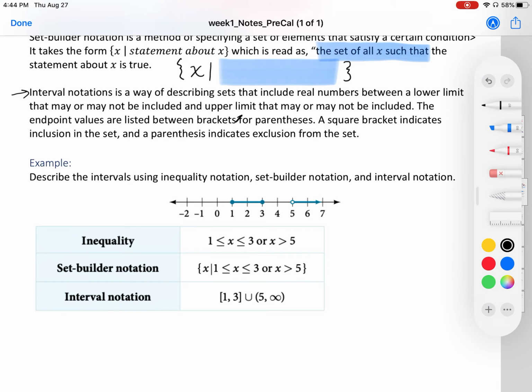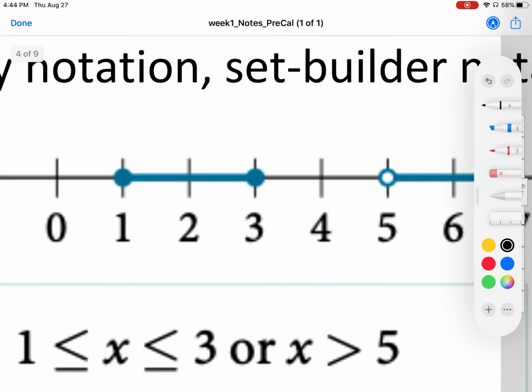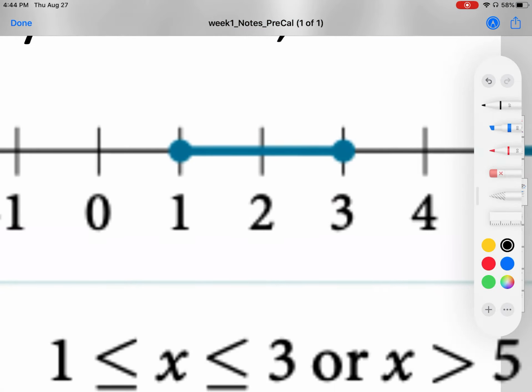Describe the intervals using inequality notation, set builder, and interval notation. All right, so let's write this down. Let's take a look at this first part. Do you see how we have 1 and 3 sandwiching our answers?